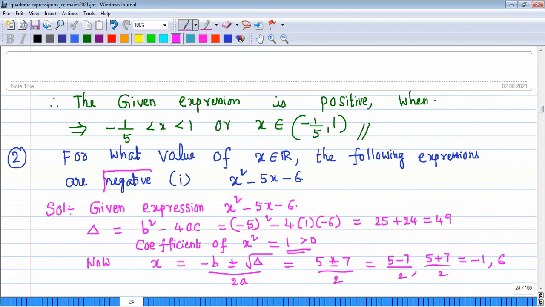Both the coefficient of x square and the expression should have different signs. As per the theorem, if alpha is less than x and x less than beta, then ax square plus bx plus c and a have the opposite sign, opposite to that of the coefficient of x square.